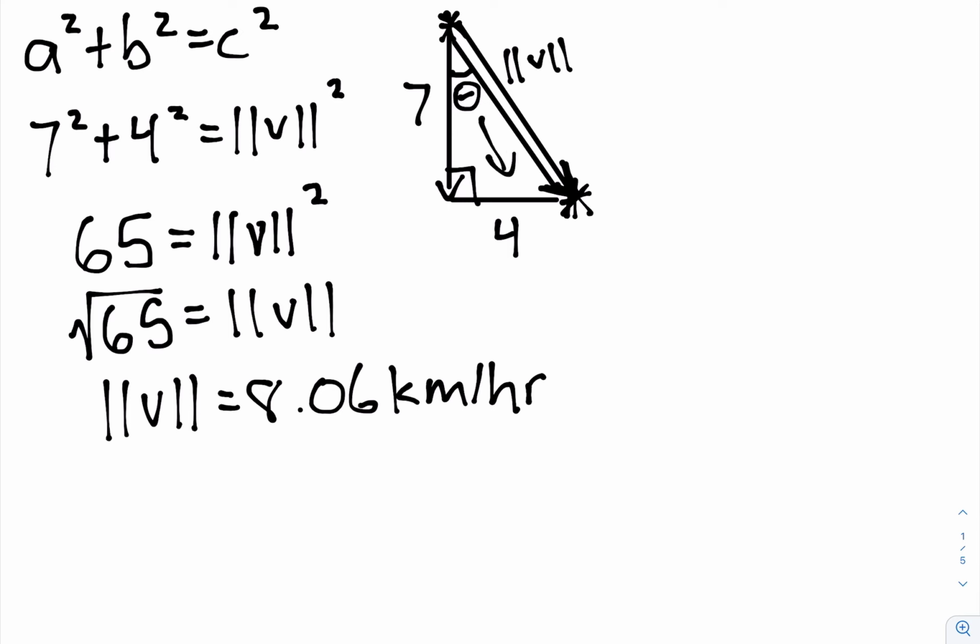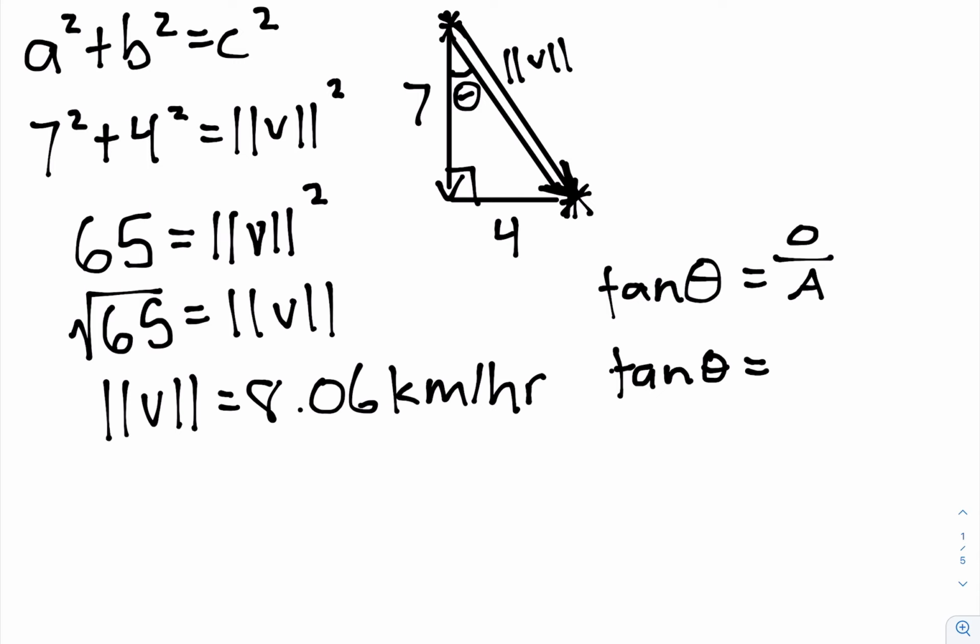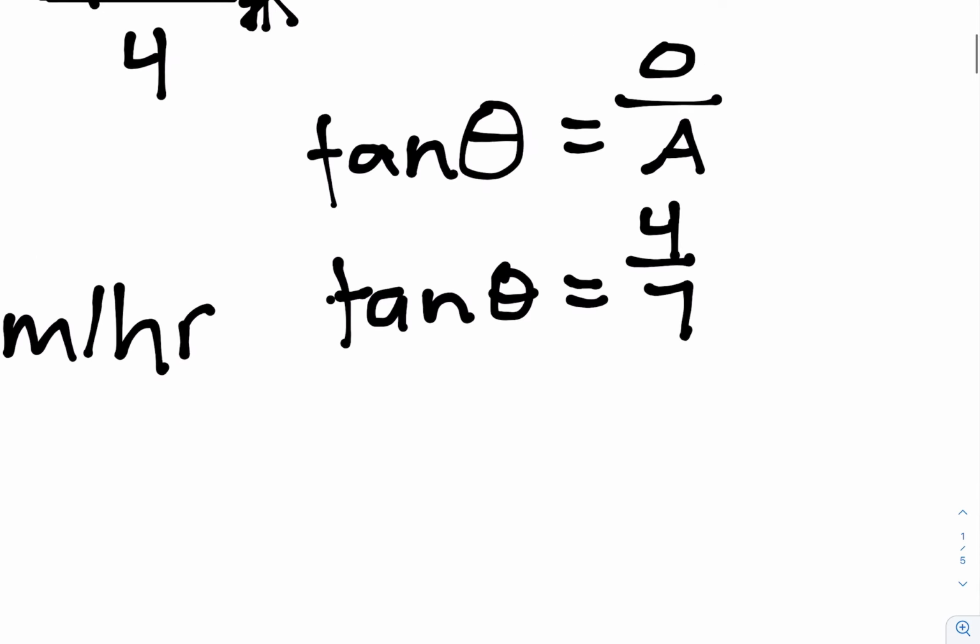If we know 4, which is opposite to the angle, and 7, which is adjacent, that means we can use the tangent function. So remember, tangent of an angle is the opposite side over the adjacent side. So tangent of our angle theta, the opposite is 4, and the adjacent is 7.